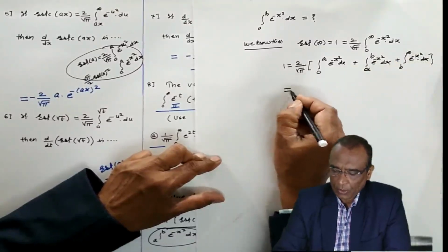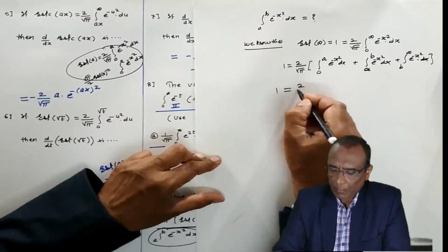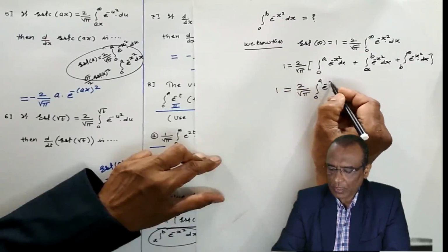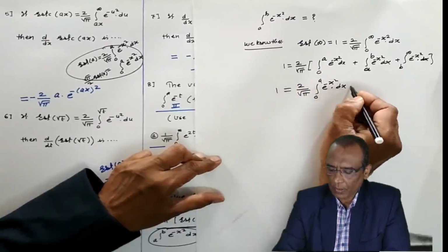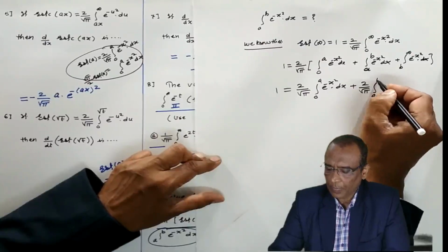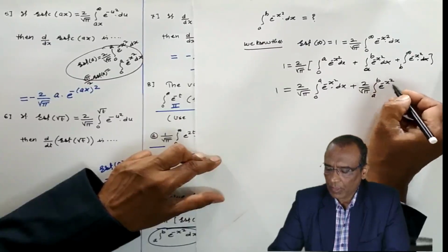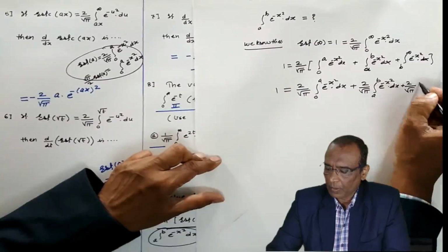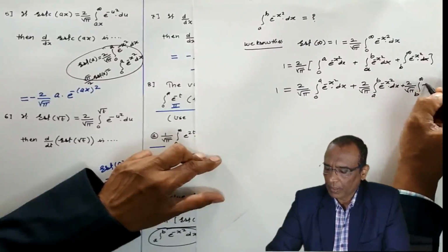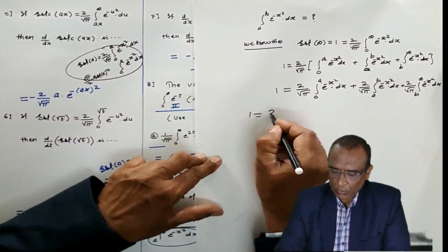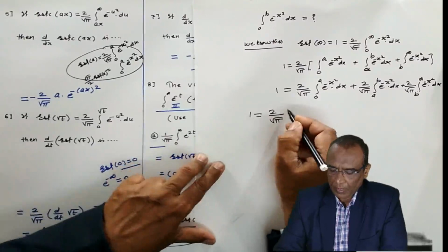Then 2 by root pi, 0 to a e power minus x square, plus 2 by root pi a to b e power minus x square dx, and 2 by root pi b to infinity e to the power minus x square. So 1 is equal to this.